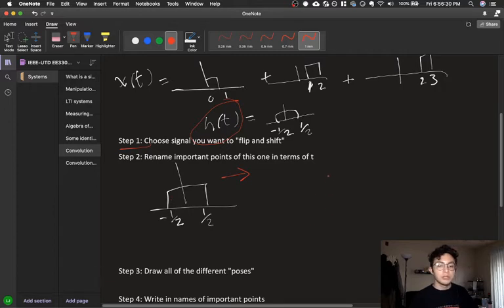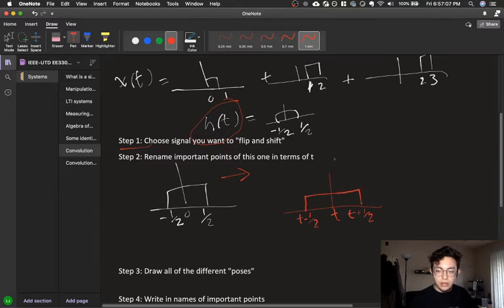We'll rename them in terms of t. We're going to set the 0 point to be t, and then we just need to space out these important points by their distance away from 0. So this is how far away from 0? This is 1/2, so it'd be t plus 1/2. And this one is to the left of 0 by 1/2 units, so it would correspond to the name t minus 1/2.